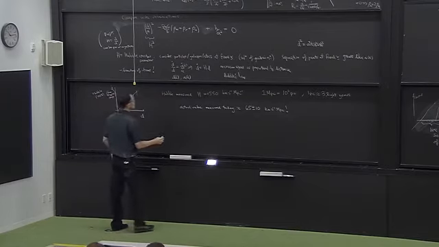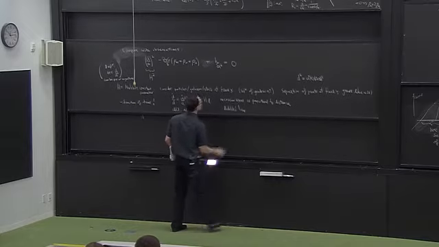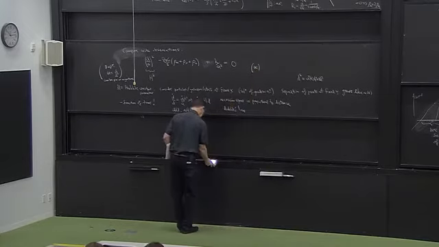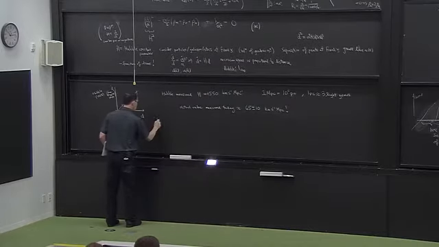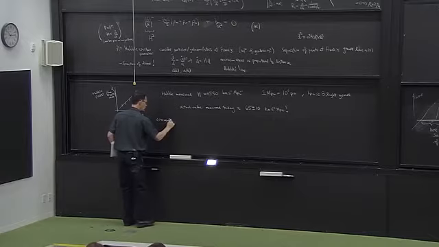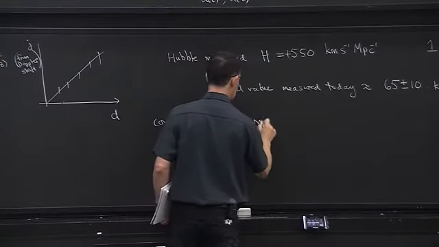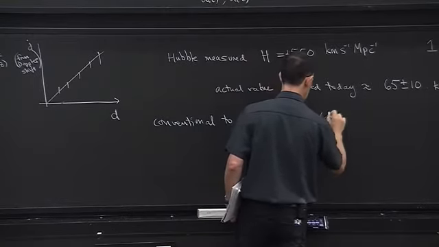And we can try to measure the curvature of space. We rewrite this. Let's just bring it down again. Let me just call it star. So it's conventional to rewrite star as follows.